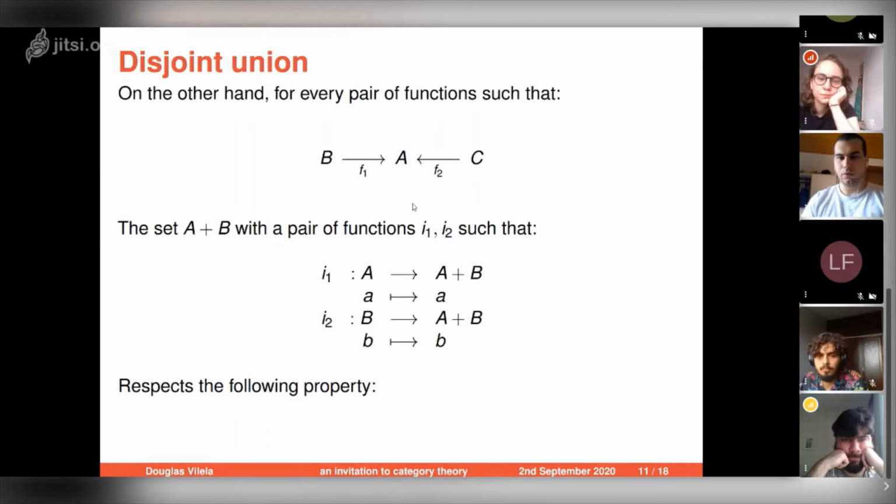The idea is that if we have this pair of functions, one that takes from one set to this set A and another function that takes from another set to this same set A, we can construct first the disjoint union of B and C and the injections from C to this disjoint union.